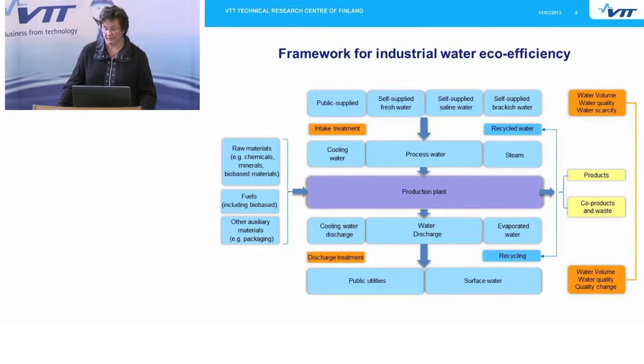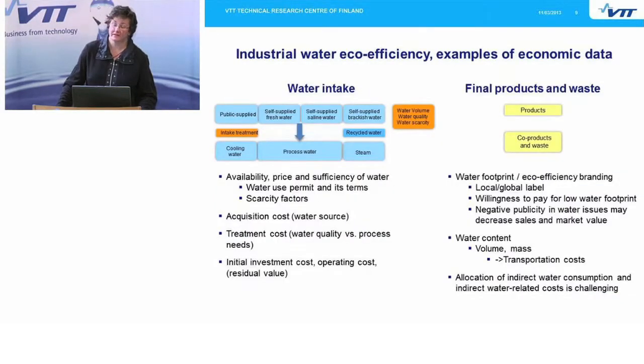Out are also going products and co-products and waste, and there is also some water included in the product, or at least usually in the waste. So this kind of process framework is needed when you start collecting data for the water footprint and also for the water efficiency calculation.